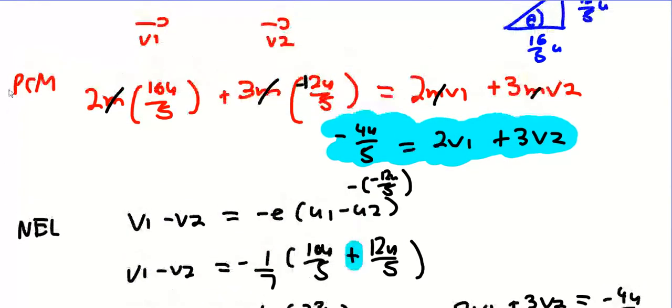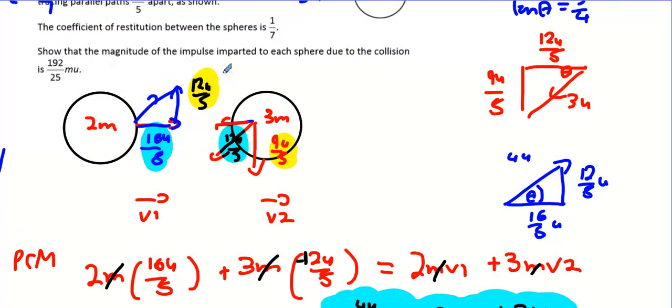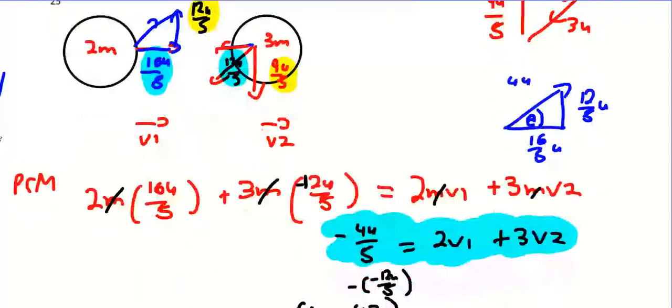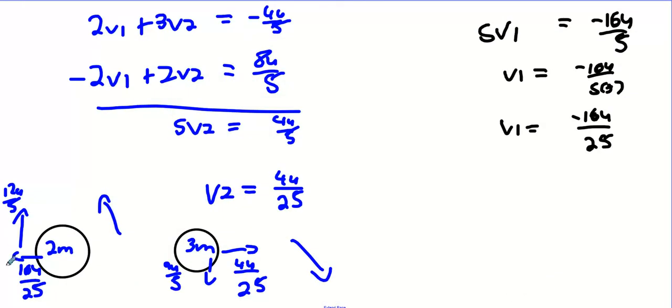We're asked for the impulse imparted to each sphere during the collision. Now, impulse is basically change in momentum, and you can do it along the x-axis to my knowledge.